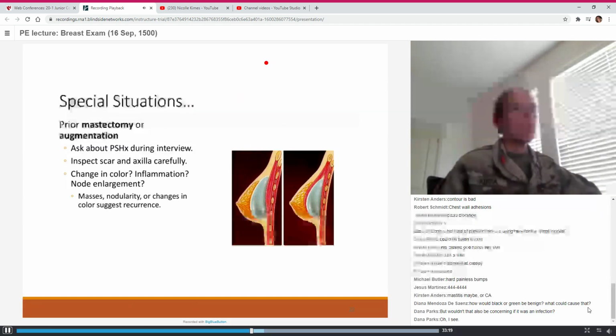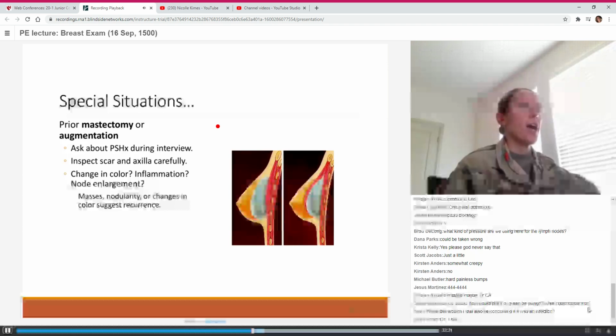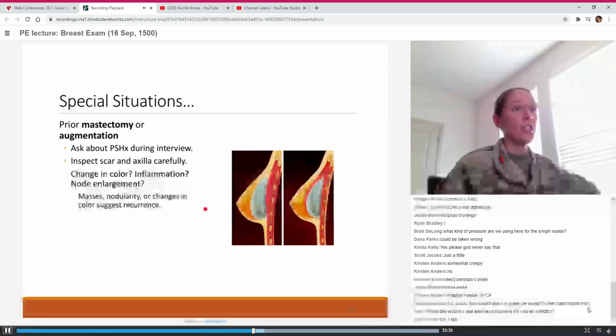So mastectomy or augmentation changes your exam, right? It's going to probably change what you see and all kinds of things. A good PA has asked about this prior to the patient even showing up and prior to the exam, right? You've talked about it when you've reviewed their surgical history. If you can see a scar, take a look for it. And then you still are going to examine the breast tissue as though it was normal breast tissue.